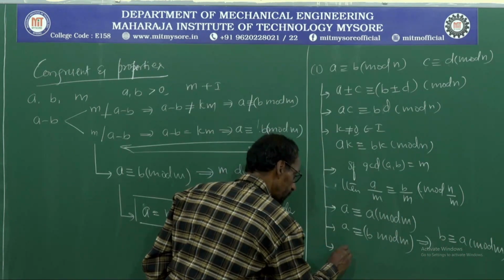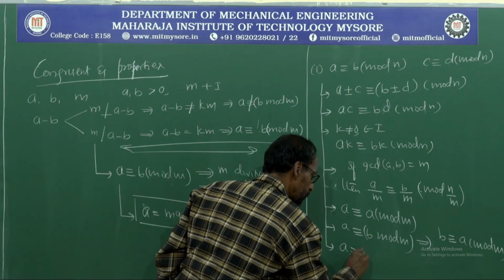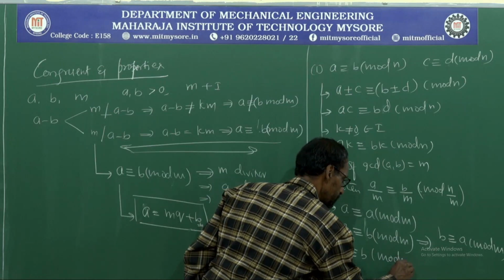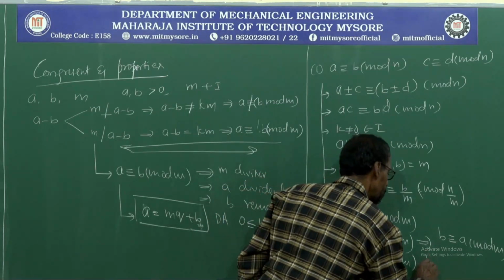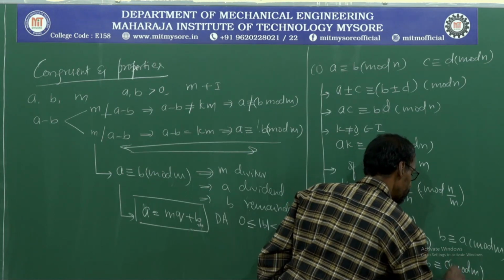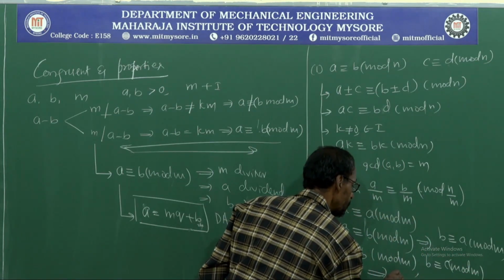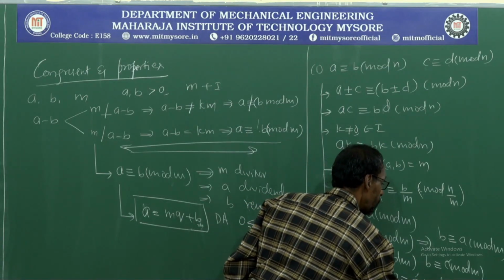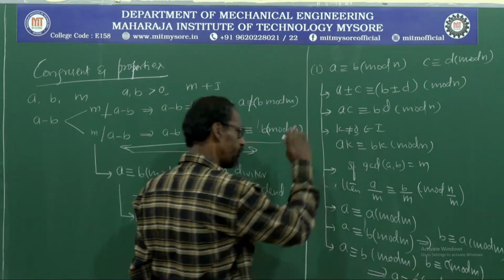And one more property: a congruent to b mod m and b congruent to c mod m necessarily implies a is congruent to c mod m, a fundamental property.